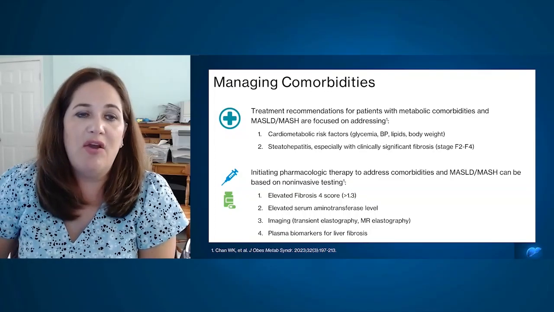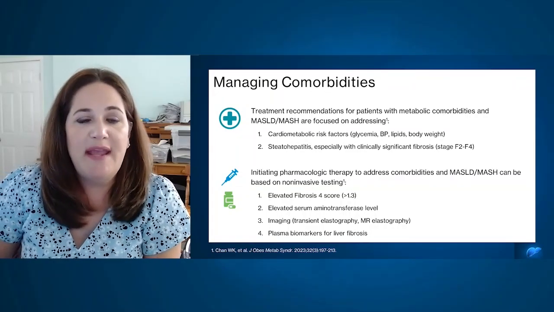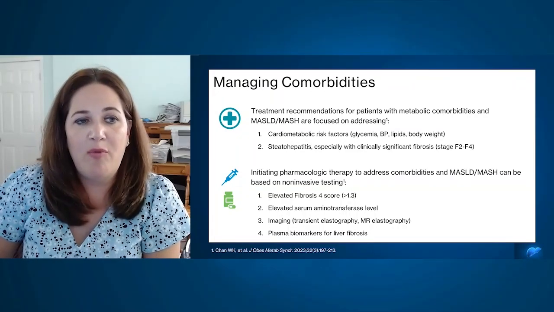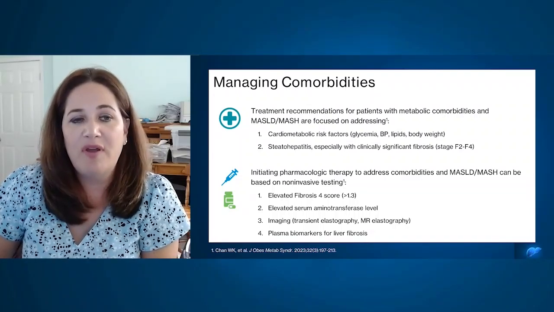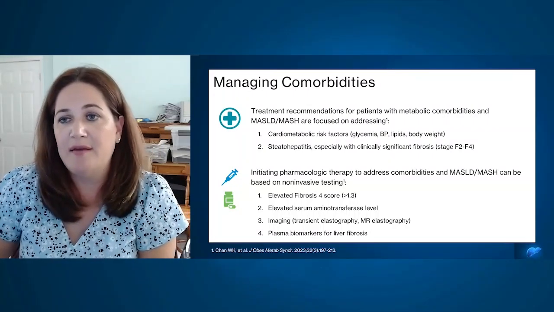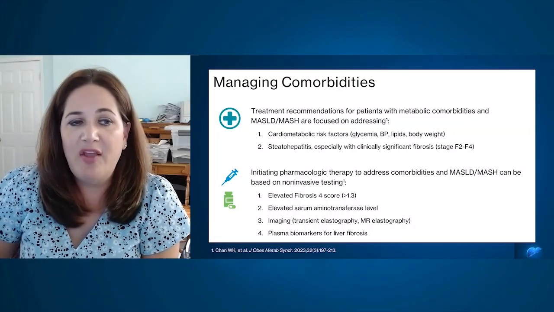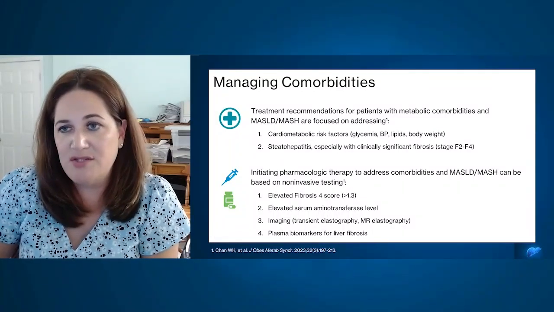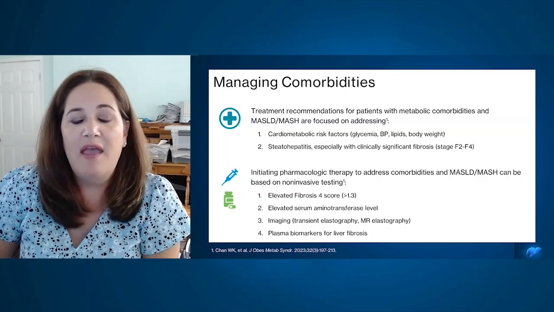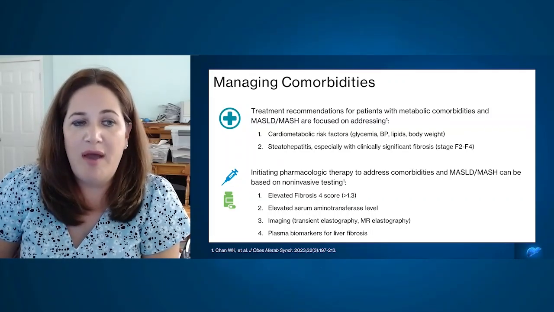So in managing comorbidities, treatment recommendations for patients with metabolic comorbidities and MASH and MASLD are focused on addressing those metabolic problems that we've discussed before. So we want to specifically look at the cardiometabolic risk factors: the glycemia, the blood pressure, lipids, and body weight.